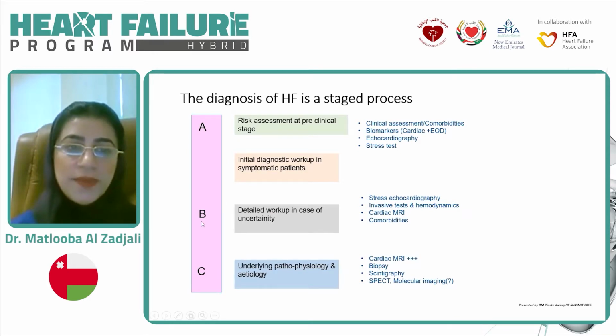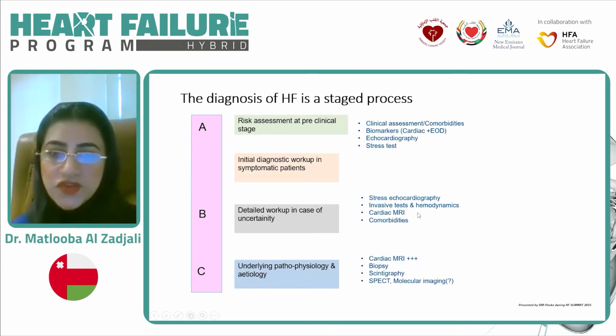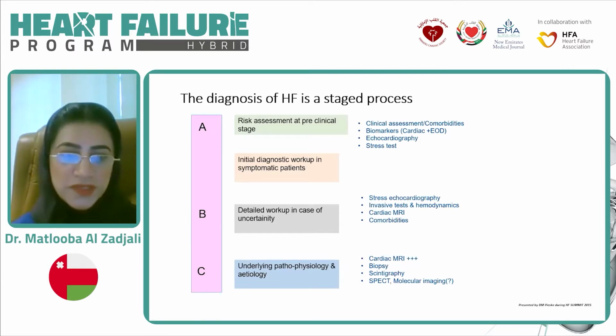For the stage B process, you need to go into a detailed workup in case of heart failure, specifically when you are unsure or dealing with an uncertainty for the diagnosis of heart failure. So here, you need to conduct stress echocardiography and do some basic testing, cardiac MRI, and also other investigations to rule out other comorbidities.